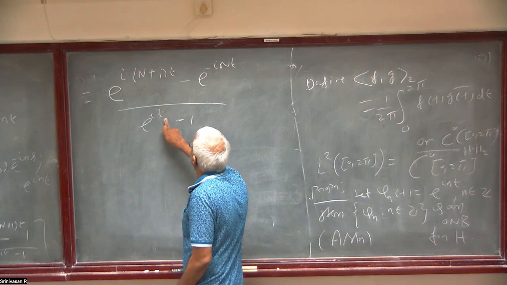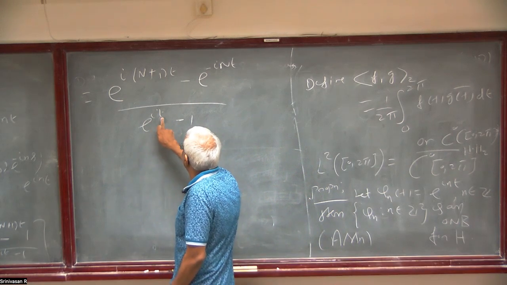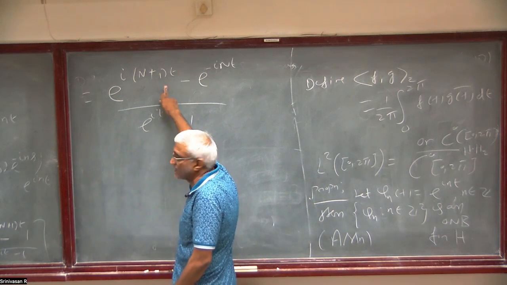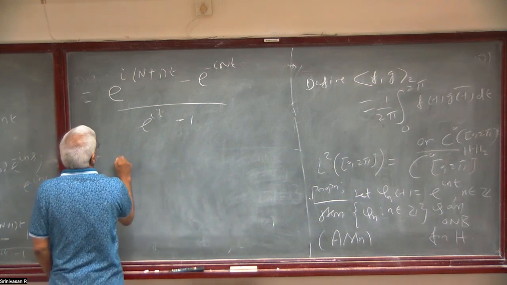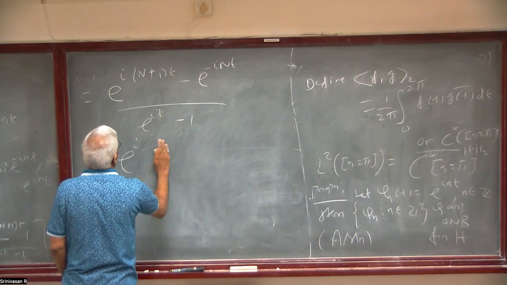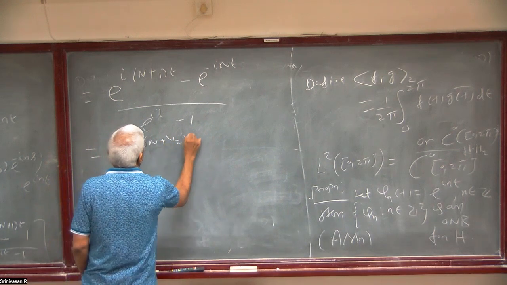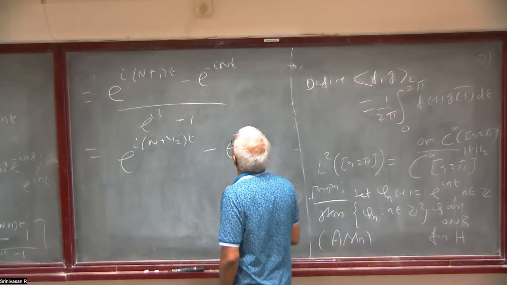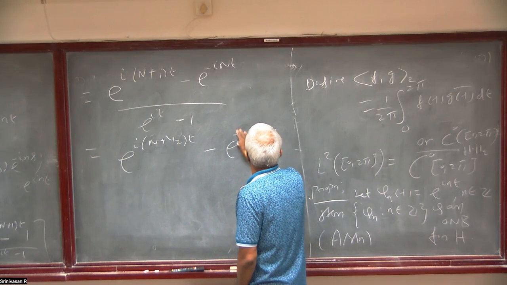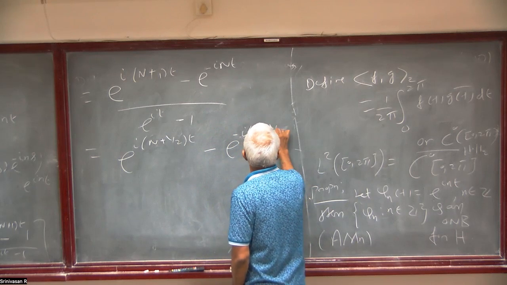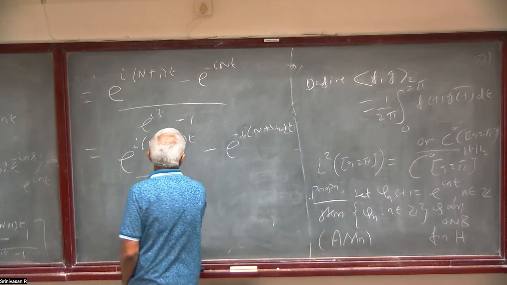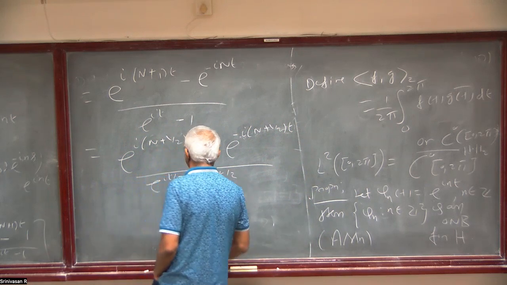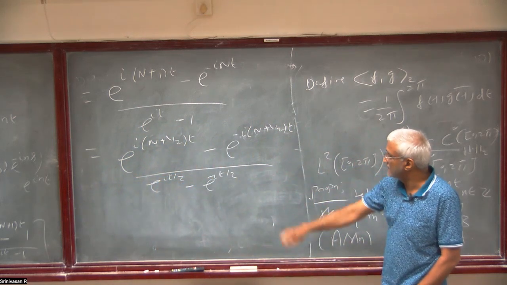So I take an e to the power i t by 2 out, and do the same thing in the numerator, which gives e to the power i (n plus half) t minus e to the power minus i (n plus half) t. This is precisely that.